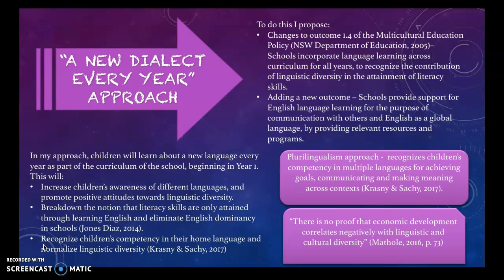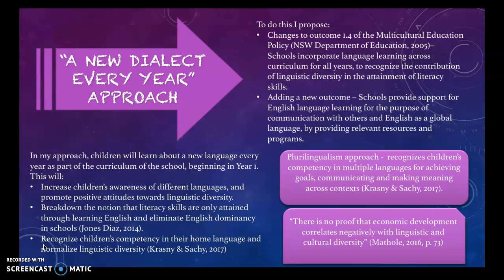To put my pen to practice, I propose that changes be made to the multicultural education policy, where schools incorporate language learning in the curriculum for children in all years to recognize the value of linguistic diversity in the attainment of literacy skills. So in this sense, I'm reconceptualizing linguistic diversity as an educational strength rather than something that needs to be changed because literacy skills are only attained through English.